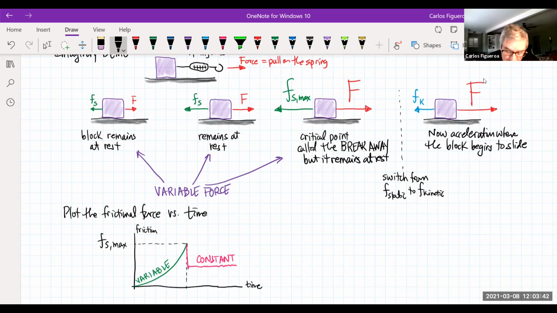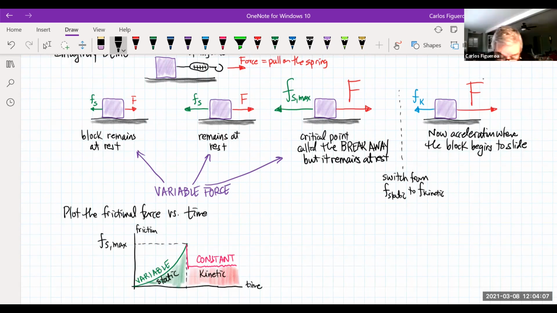So in this region right here, this is the region of static friction. In this region right here, you're seeing the region of kinetic friction.